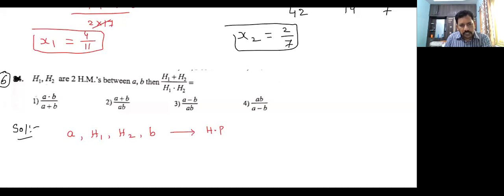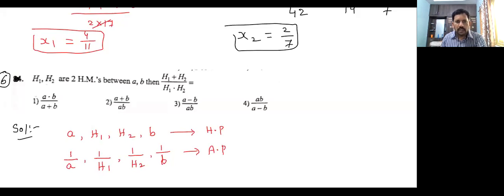Convert into AP series. Just write the reciprocals: 1 by A, 1 by H1, 1 by H2, 1 by B. Those are in AP series. We know that in AP series, many conditions are there.